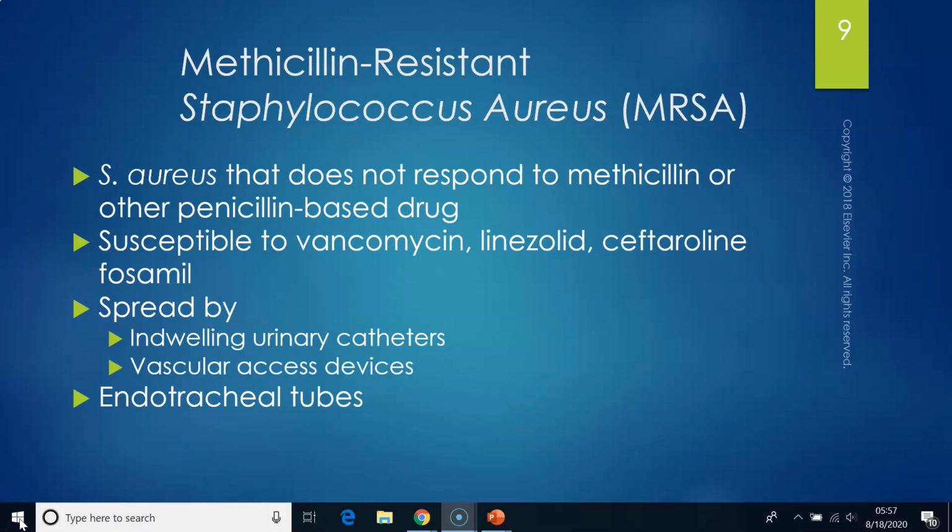Now, just like community-acquired MRSA, hospital-acquired MRSA is spread by direct contact. It invades the hospitalized patient through different tubes, vascular devices, endotracheal tubes, and surgical sites.